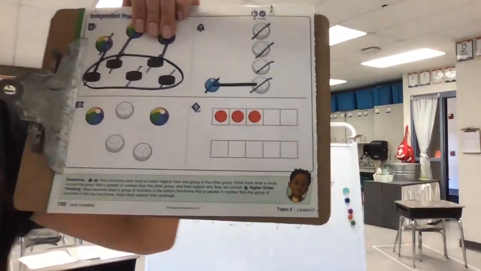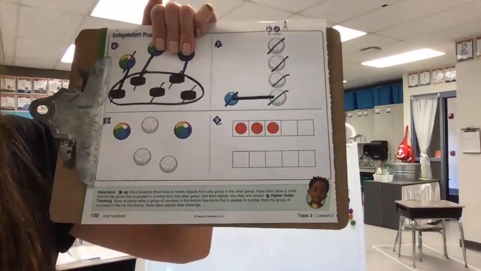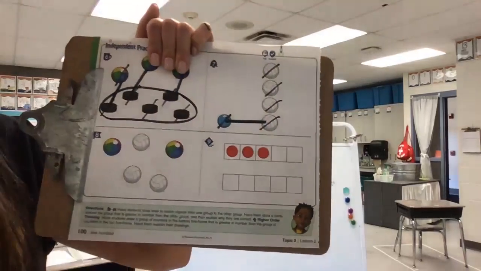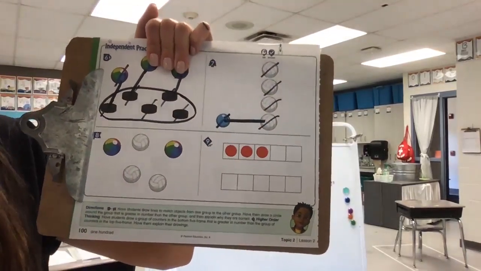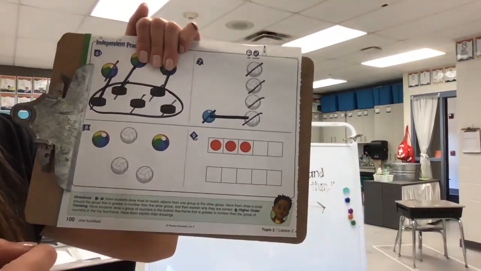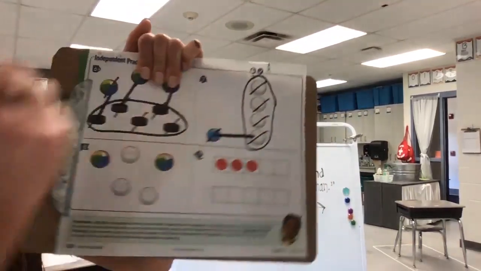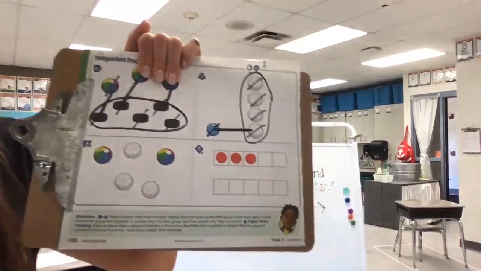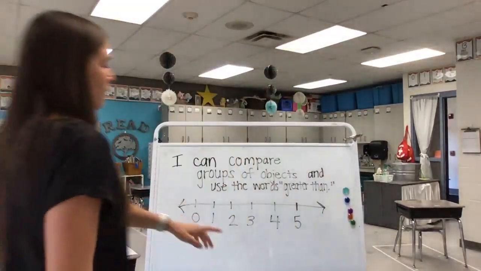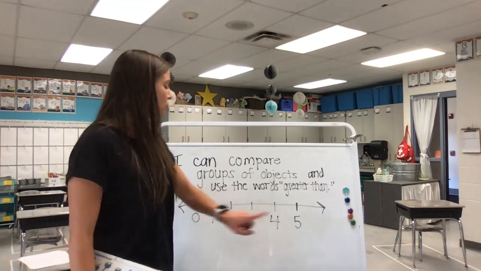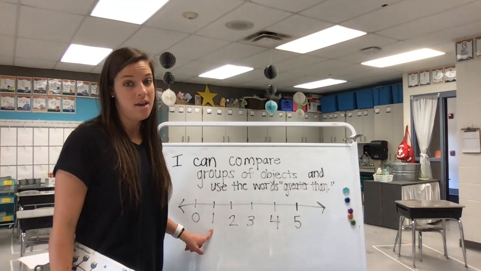No. Let's count how many more volleyballs there are than bowling balls. Ready? 1, 2, 3. Wow. So which group has more altogether? The volleyballs. Let's circle them. Good job. So we see that 4 is what? 4 is greater than 1.